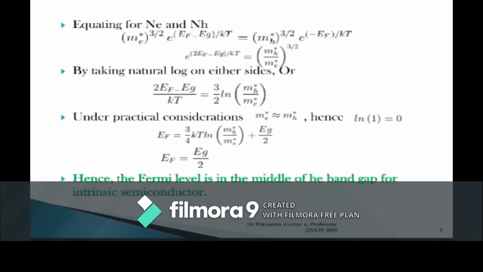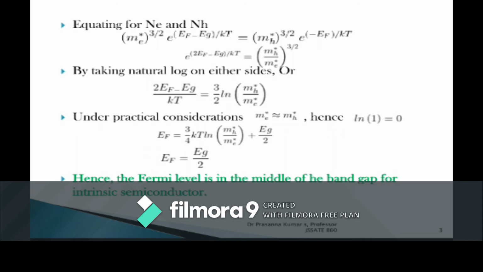This effective mass can vary from a fraction of m to more than m, where m is 9.1 times 10 to the minus 31 kg.